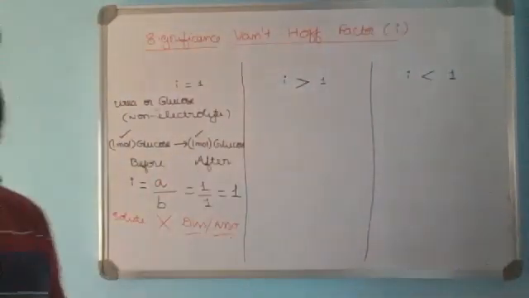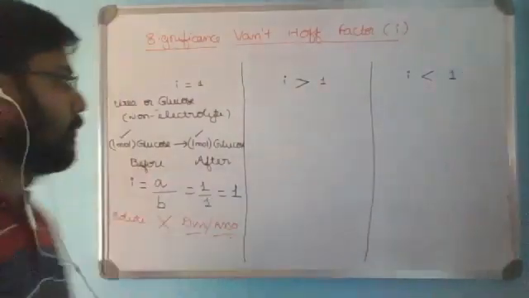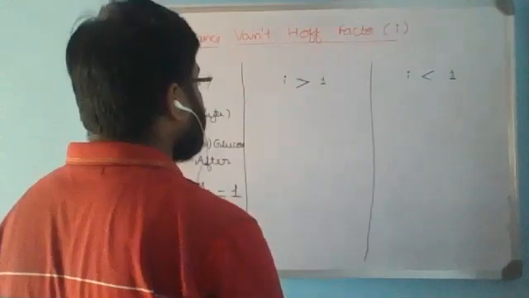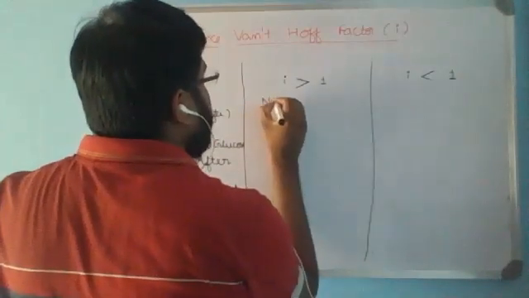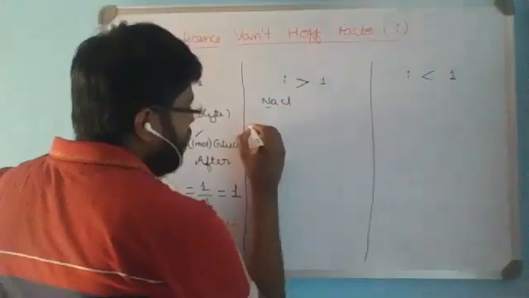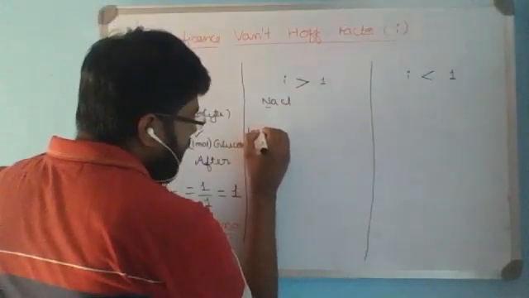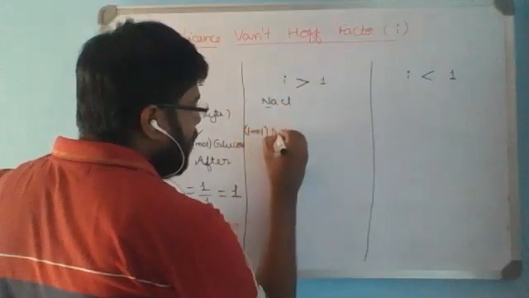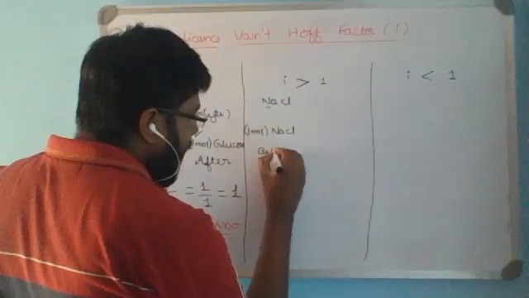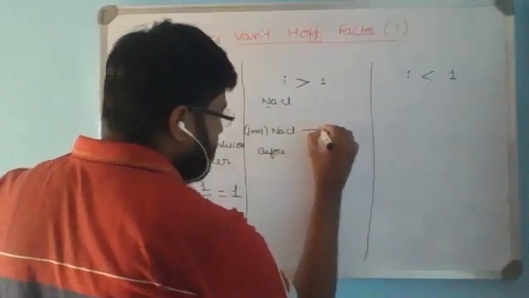For signifying the value of i greater than 1, here we'll take the example of any electrolyte. I will take NaCl, what we discussed earlier. So if I add NaCl in a suitable solvent, 1 mole of NaCl before adding into a suitable solvent.